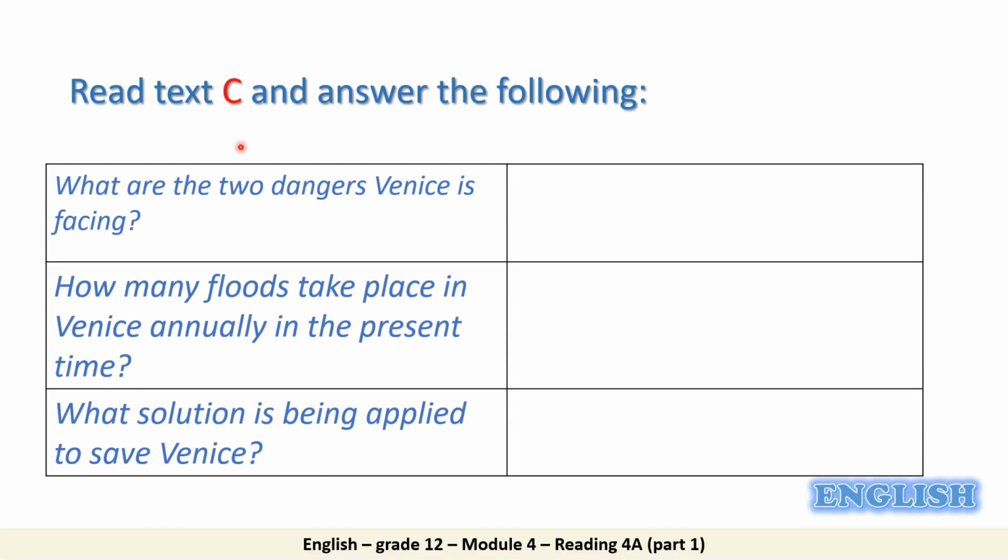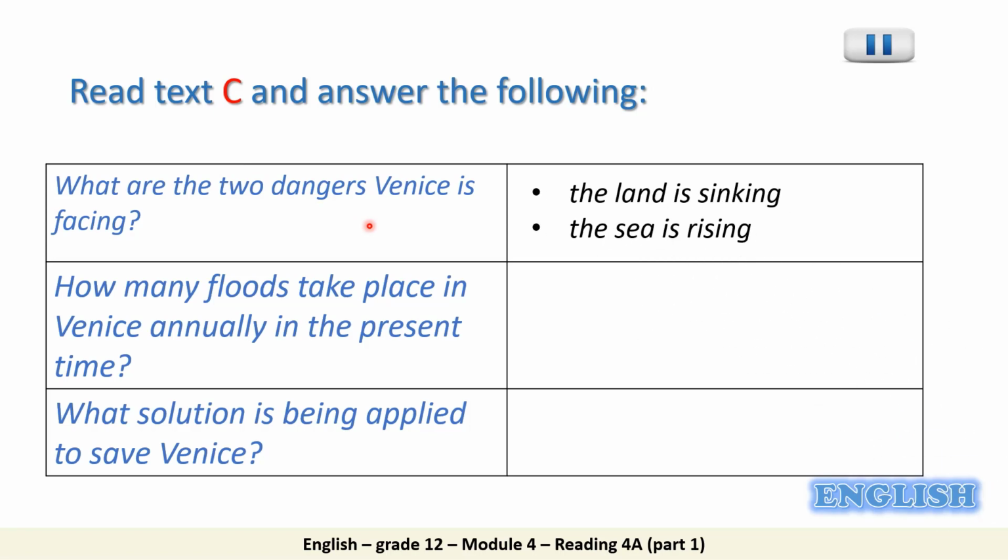Moving on to text C, pause the video to answer the questions. Well, the two dangers Venice is facing include, yes, the land is sinking, the land is going down, and the sea level is rising.